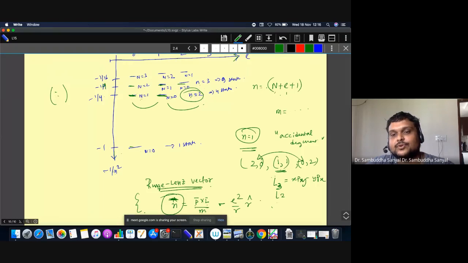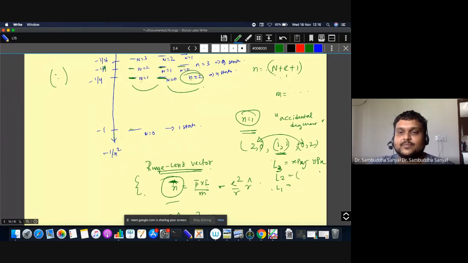I will show you that there are two more quantities, L2 and L1, which are weird combinations and again not easy to see. These can be worked out, but they are not easy to see from the geometry of the problem, and they again commute with the Hamiltonian. This gives you the so-called hidden symmetry, and it accounts for these accidental degeneracies. So the accidental degeneracies are not really accidental.